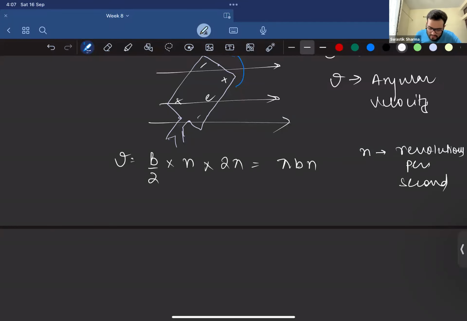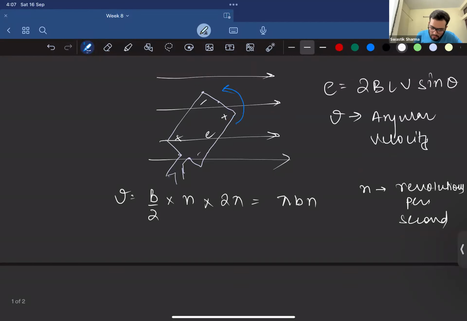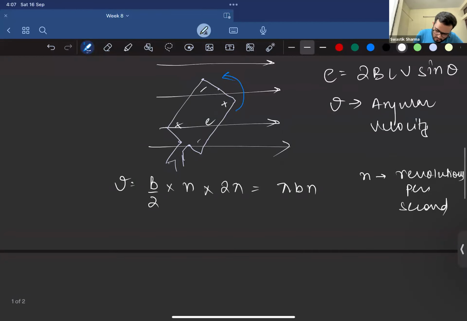If we equate this to our corresponding value of EMF, the EMF comes out to be 2 pi B n L sine theta.